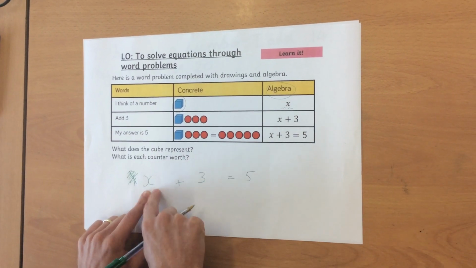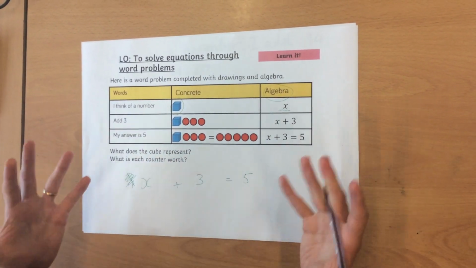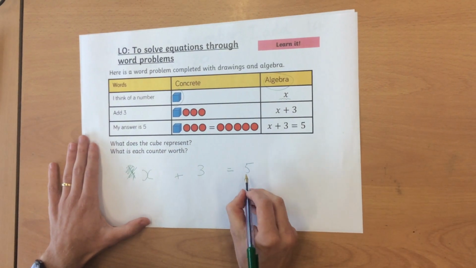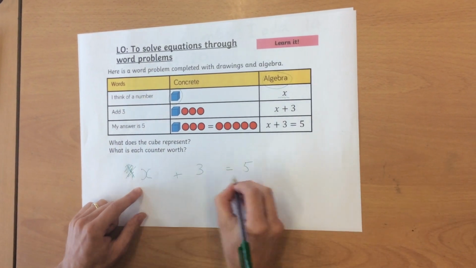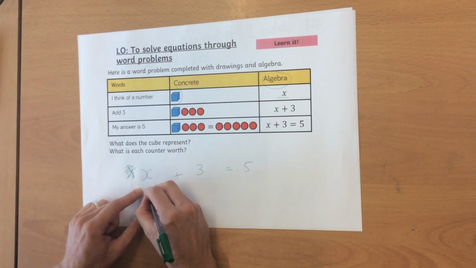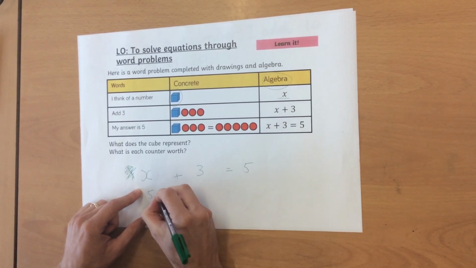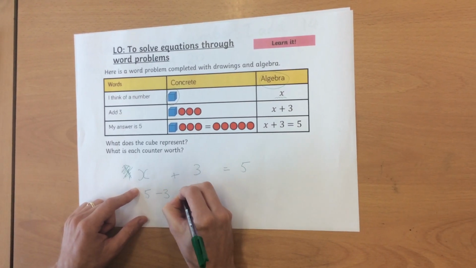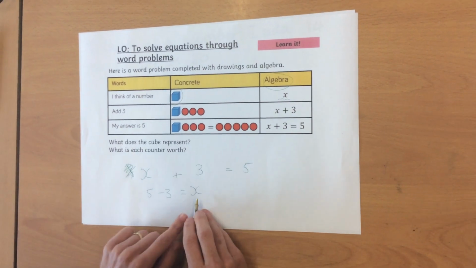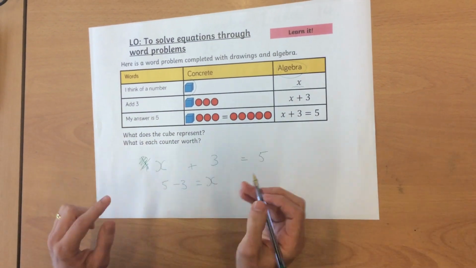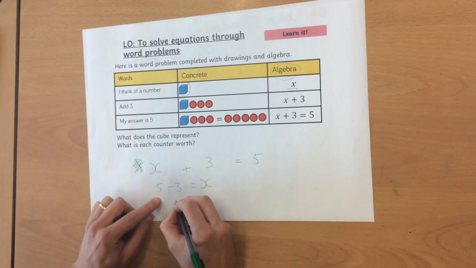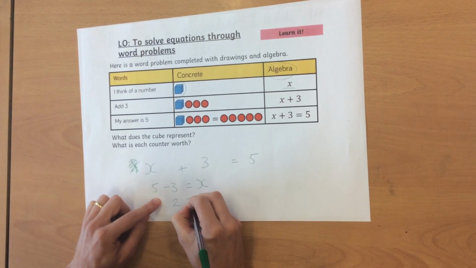Well, to solve out this missing number, all I need to do is do the inverse. And some of you might have spotted that already. So if I was to make the inverse of this, I would start with my total, which is 5. Instead of add 3, I will use the inverse and subtract it. And that will give me x, whatever x is. So we can solve that now. 5 subtract 3 is simply 2.